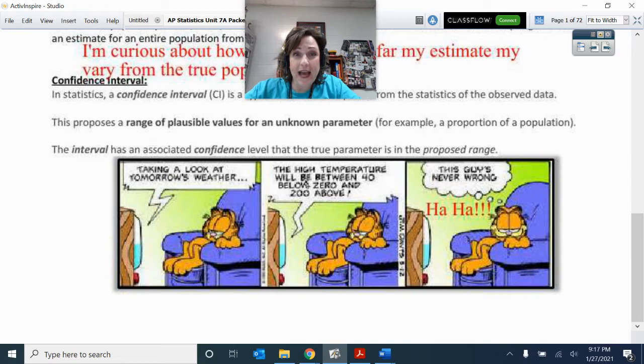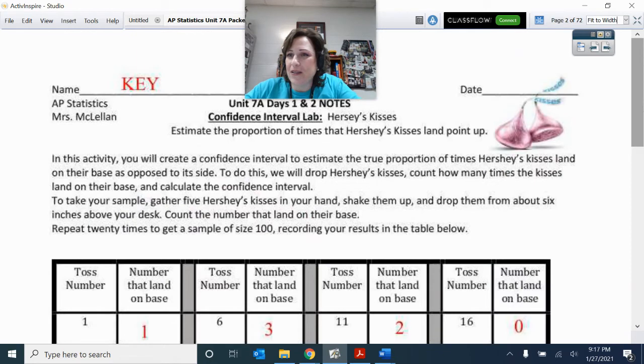Well, I think I could be probably 100% accurate if I had that gargantuan of a range of plausible values. But is this very informative, to talk about a temperature between 40 below and 200 above? Okay, no. So let's see how we can narrow that interval down to a more reasonable estimate.